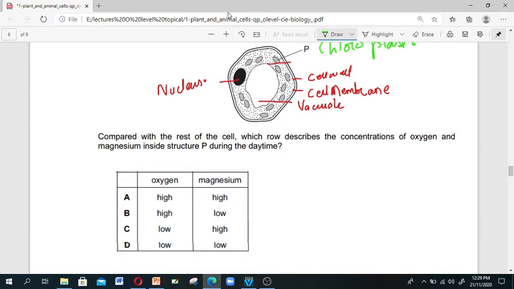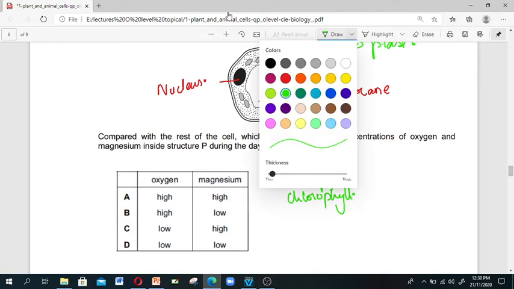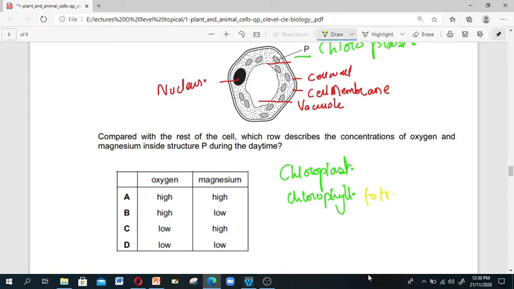The function of chloroplast is to trap sunlight. As I told you, chloroplast contains chlorophyll, and the function of chlorophyll is to trap sunlight. Now recall the process of photosynthesis.